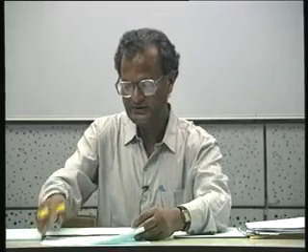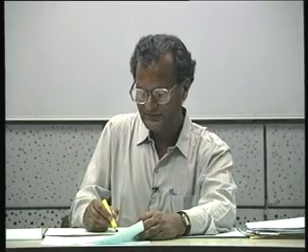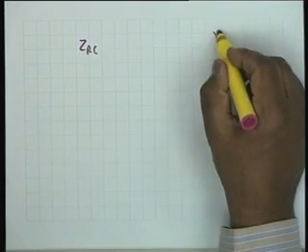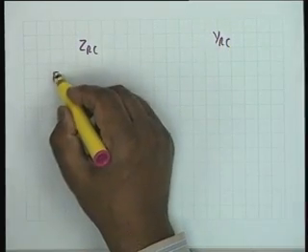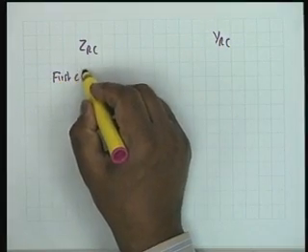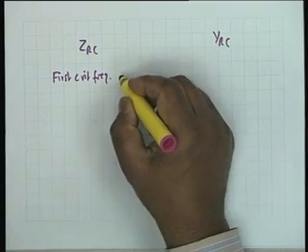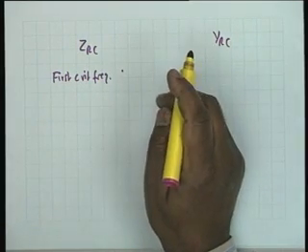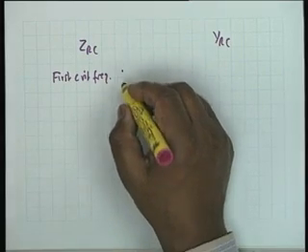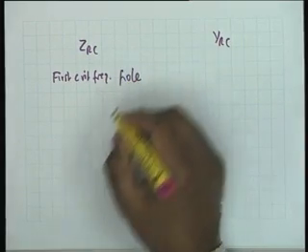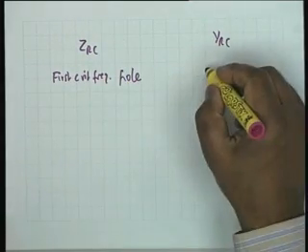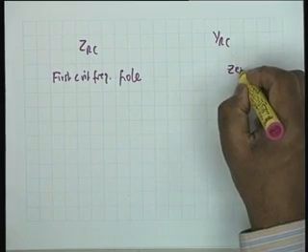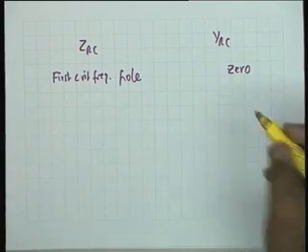In addition, for ZRC, the first critical frequency has to be a pole, and it follows that for YRC the first critical frequency must be a 0.